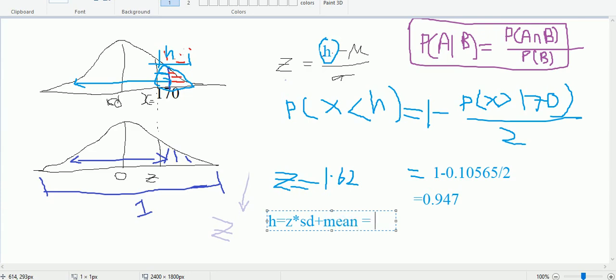With Z equal to 1.62, this into standard deviation 8 plus 160, and that becomes 172.96. So this is the result, 172.96. This is how you find it.